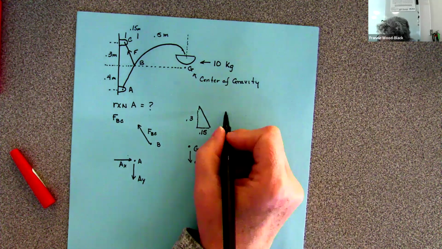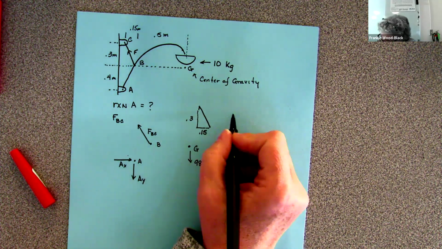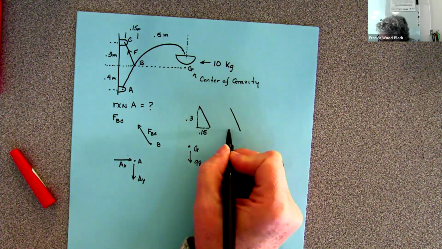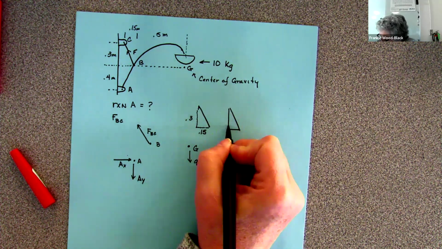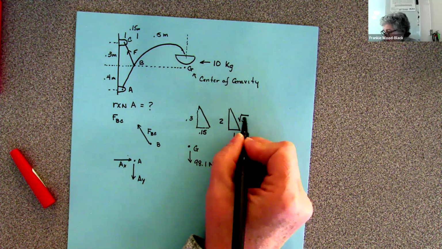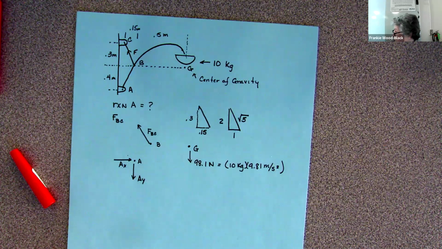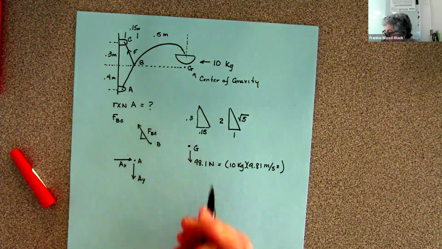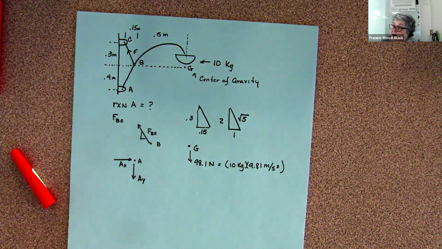And that means I can make this triangle a 1, 2, square root of 5 triangle. So you've got your little triangle now, that's the triangle we're dealing with. However you want to do that part is up to you.